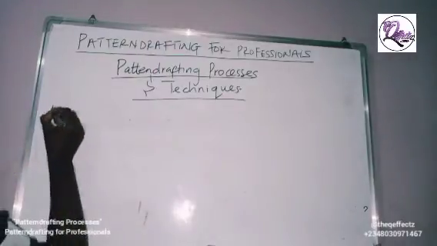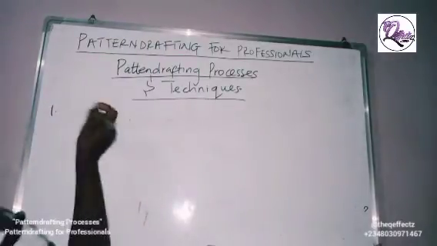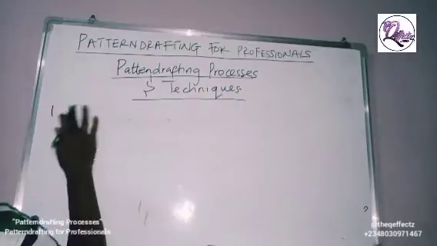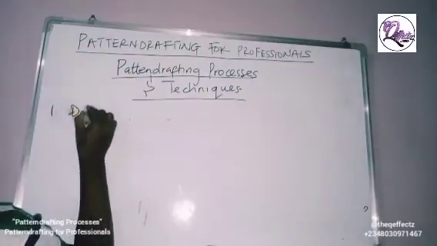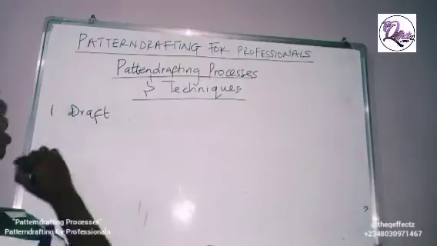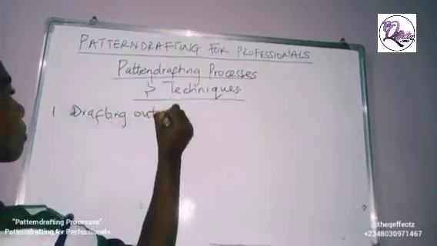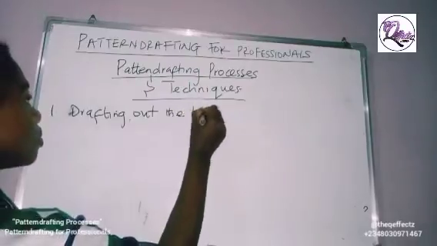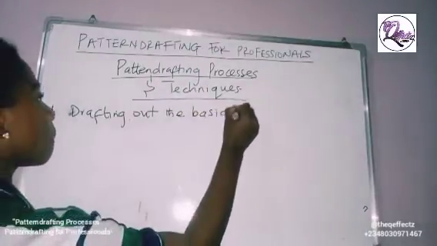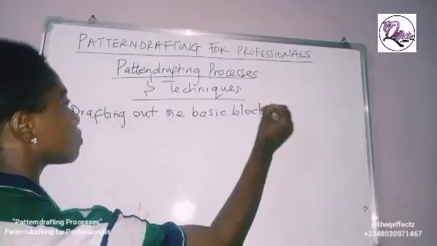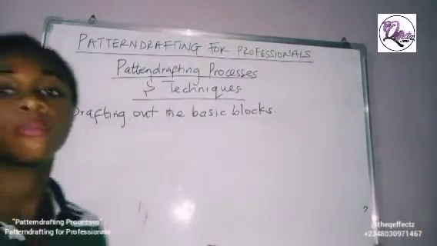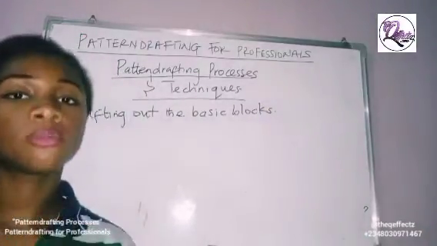So the first thing we want to do, of course, is to draft out our basic block. So one of the first steps of the pattern drafting process is drafting out the basic block. Now, some people call them slopers, some people call them blocks.